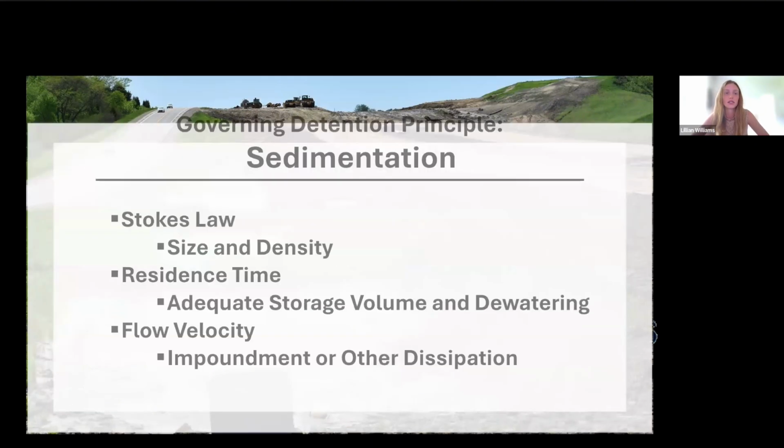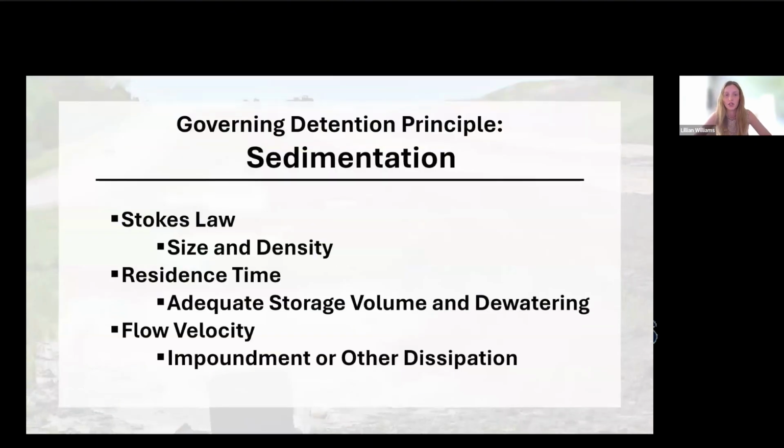So the major principles of detention, the governing principle, is really sedimentation. Sedimentation, Stokes' law, is dependent on the size and density of your particles. Residence time is also a huge factor. That allows adequate storage volume to be provided for the storms that are sized for your region, and then it allows dewatering.